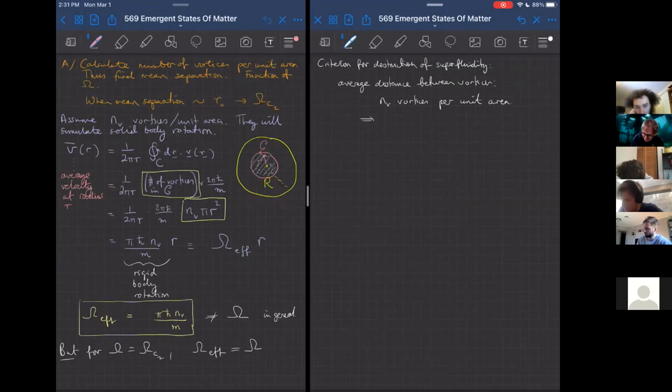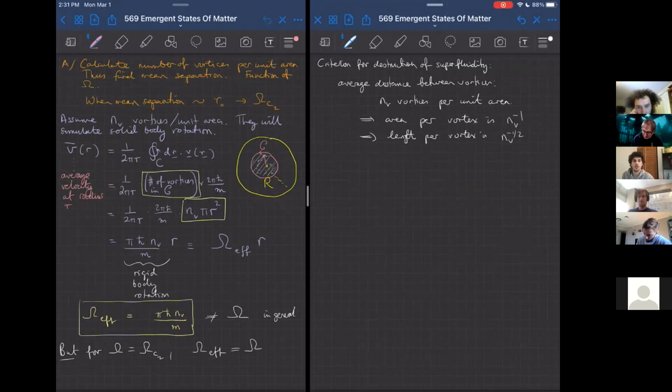And so that means that the area per vortex is NV to the -1, and that means that the length per vortex is NV to the -1/2.